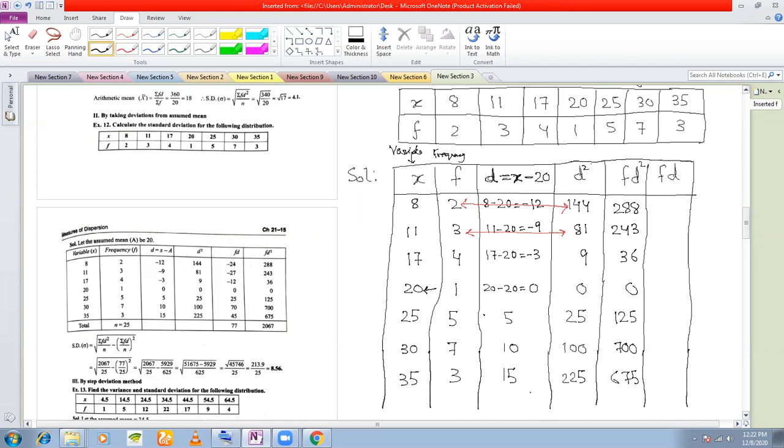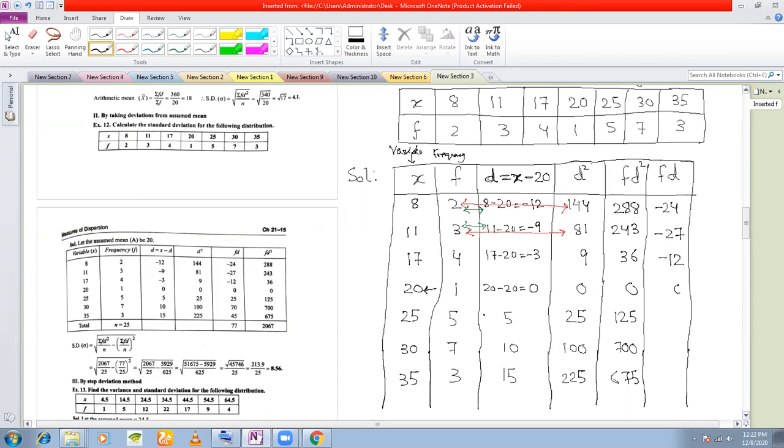So we have found f into d square. Now we are going to multiply f and d, that is, find the product of these two. So we have minus 12 into 2 is minus 24. Minus 9 into 3 is minus 27. 4 into minus 3 is minus 12.